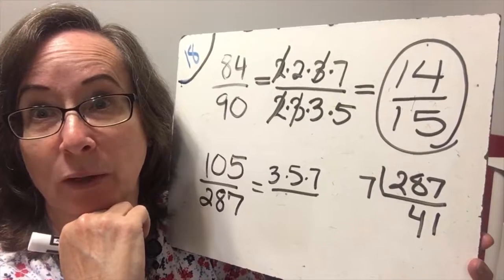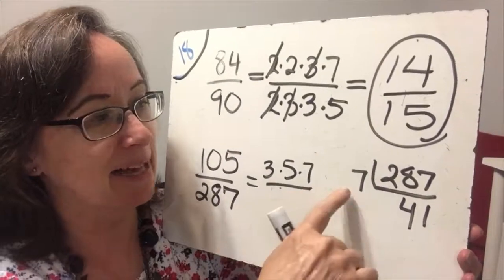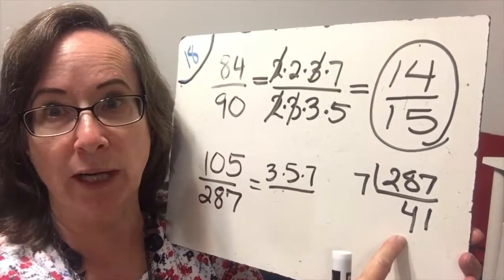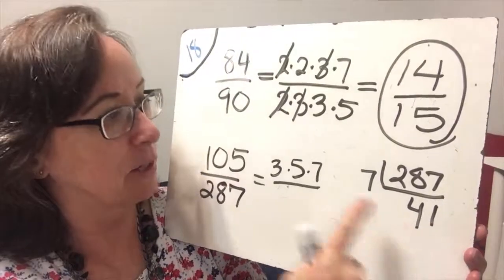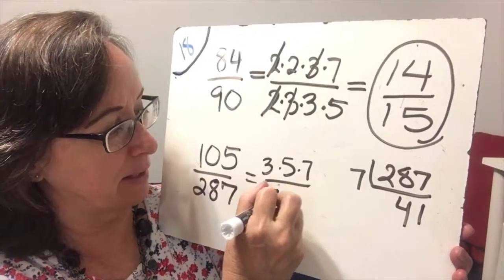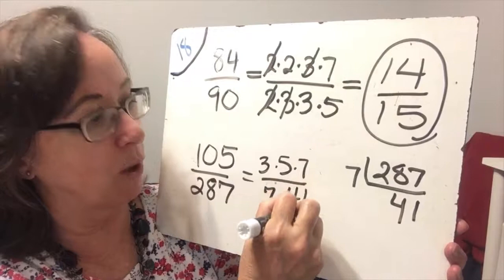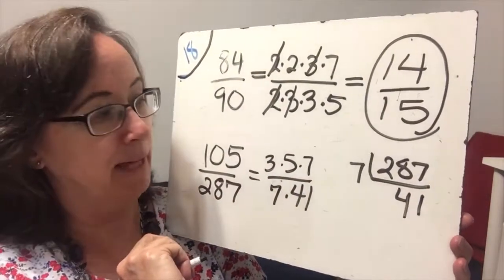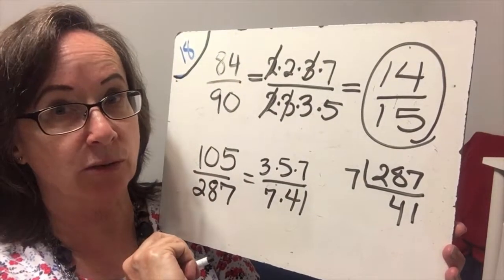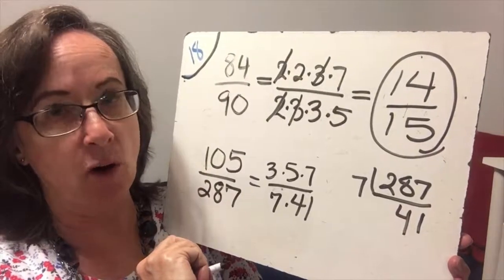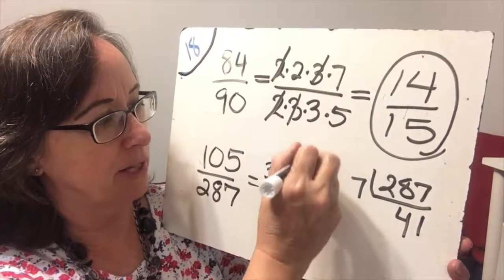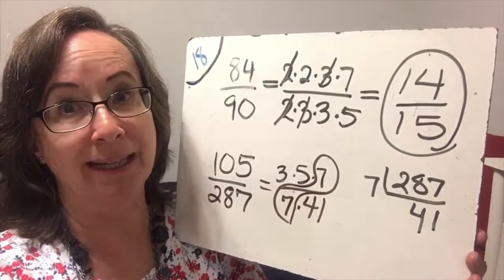Guess what? There were no other factors, right? 7 was the only factor because 41 is prime. So over here, we're going to write 7 times 41. Okay, so now this is a very useful tool because the only factor the two have in common is a 7.